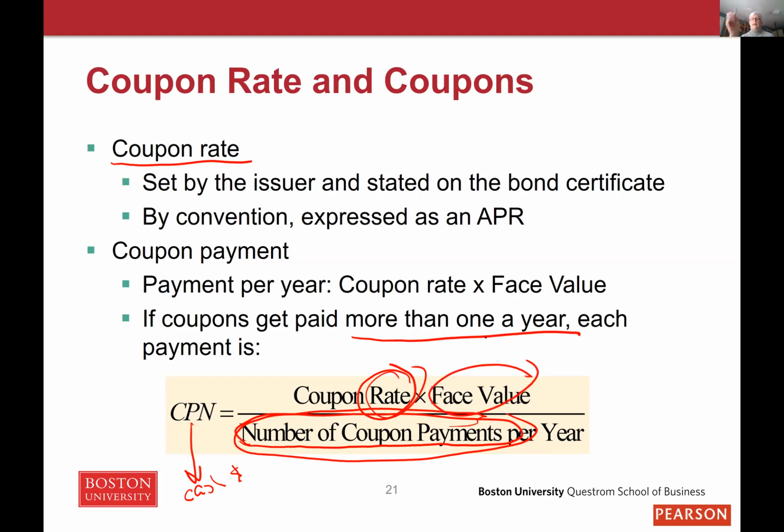Let's try one here, making sure I don't use the same numbers that we're going to do on the next page. Let's imagine that we have a $10,000 face value bond, and we have a 4% annual coupon. What is the payment?